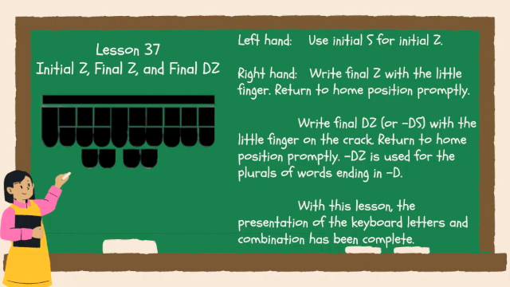So final DZ is used for the plurals of words ending in D. So if, for example, the word ends with D, and you need to type the plural of that certain word, then you just automatically use the final Z for the plural that represents S. So you just have to put your right little finger on the crack that's between final D and Z. So with this lesson, the presentation of the keyboard letters and combinations has been complete.